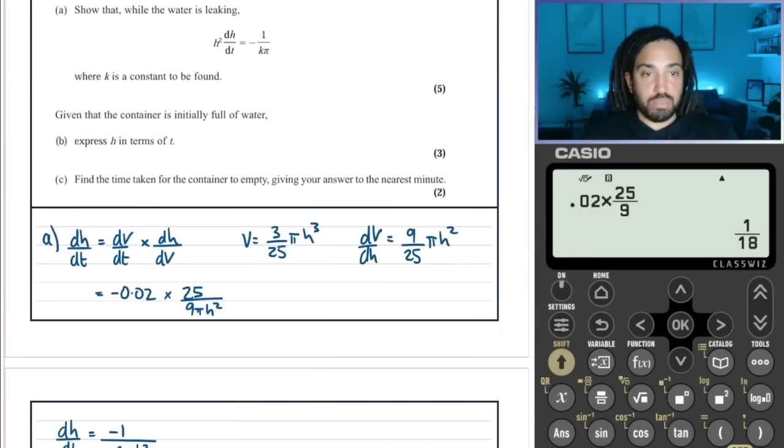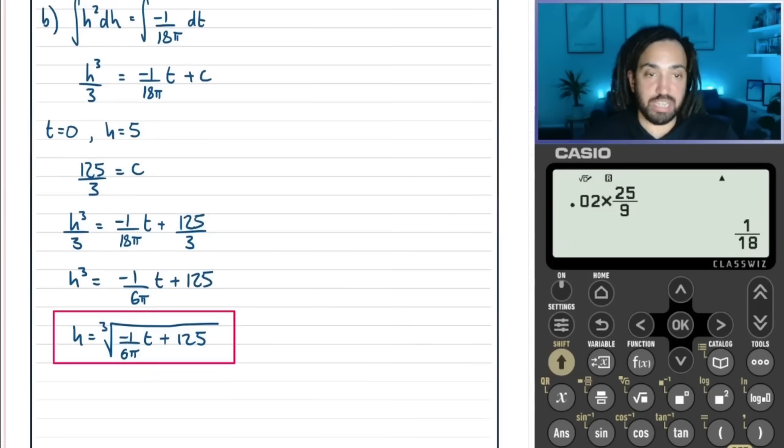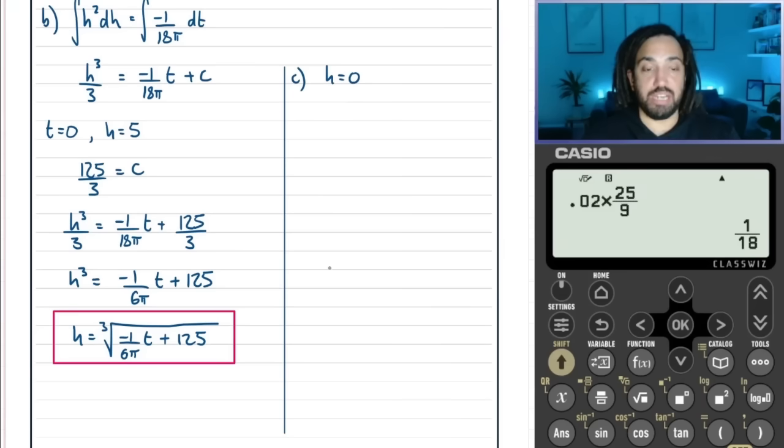Okay, and then move on to part C, and it says find the time taken for the container to empty, giving your answer to the nearest minute. Well, if the container is empty, then that will mean that the height is 0. So for part C, we need the h to equal 0 for it to be completely empty.